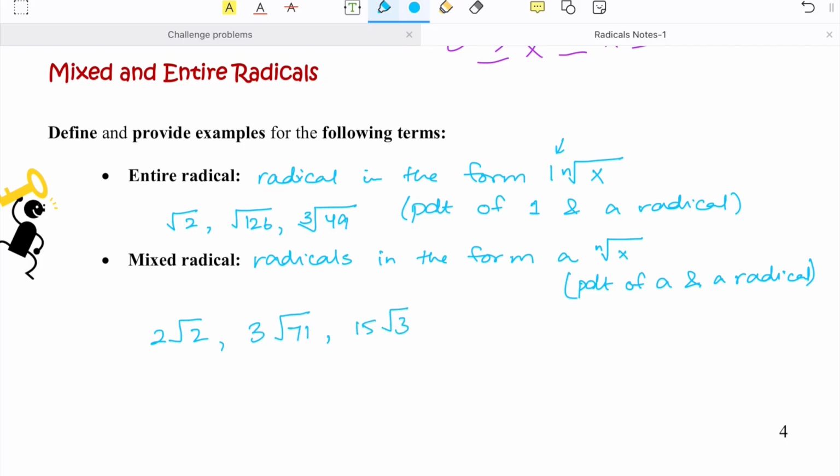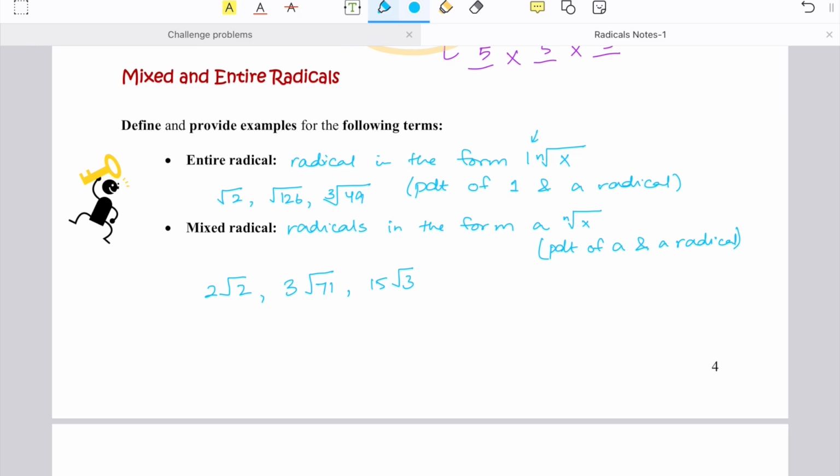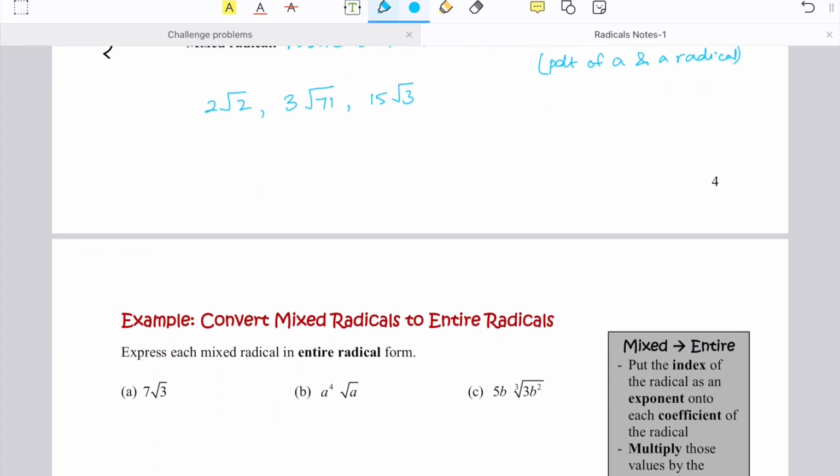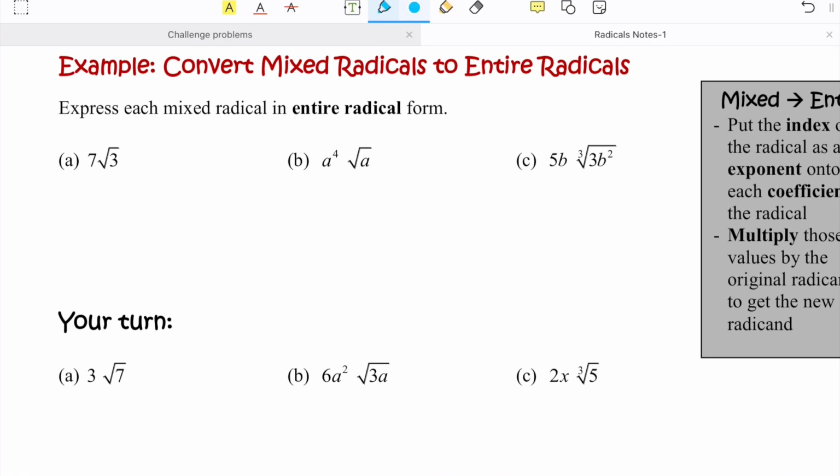Now you might be given questions in which you need to convert something to radicals or mixed radicals or entire radicals. That's why we need this definition. Okay, so mixed radicals.